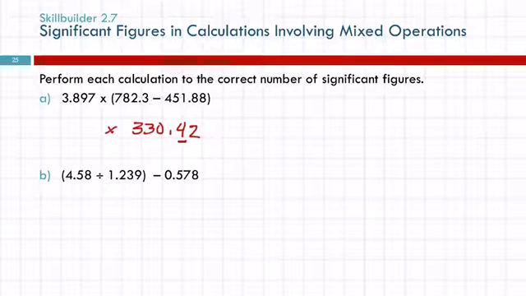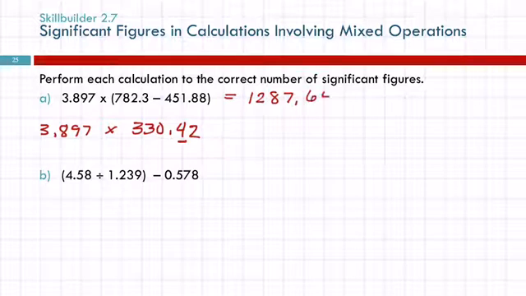Now I'm going to multiply by 3.897 and I get a big mess. I'm going to write it up here: 1287.64674. Way too many digits.